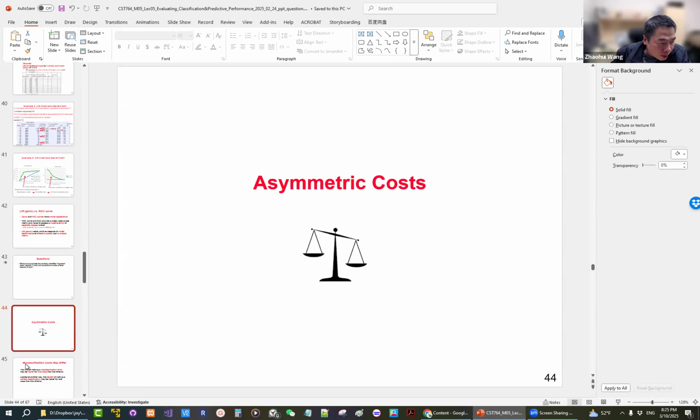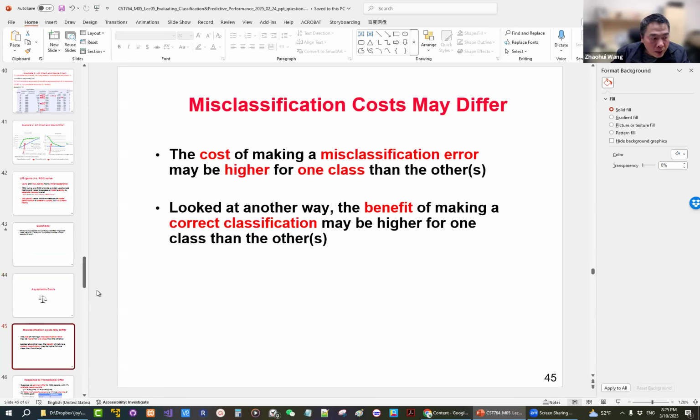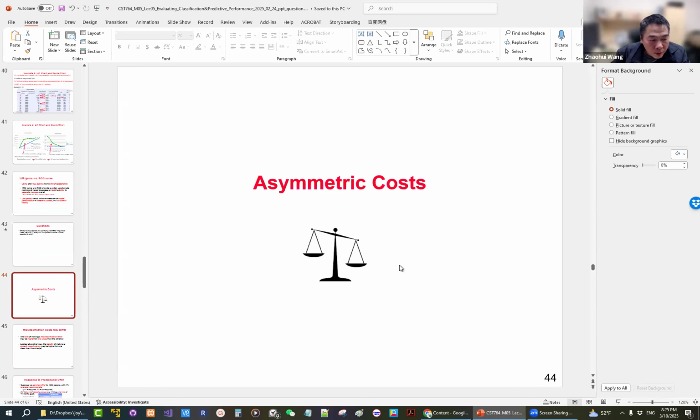Asymmetric cost is one strategy applied to classification based on the lift chart and decile chart. The lift chart and decile chart already sort by probability, so we can put the important cases at the beginning and realize better performance.